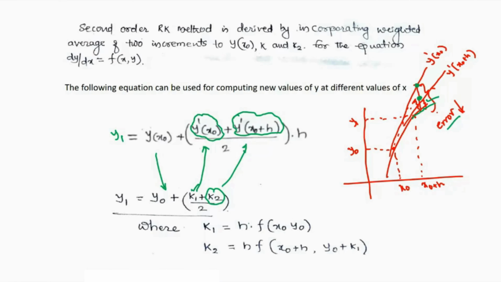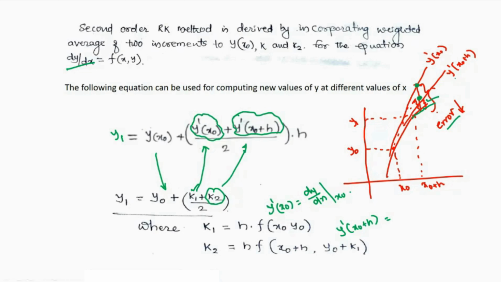Here k1 is h into y dash of x naught. What is y dash of x naught? It is dy by dx at x naught. Similarly, k2 involves y dash of x naught plus h, the derivative at x naught plus h.